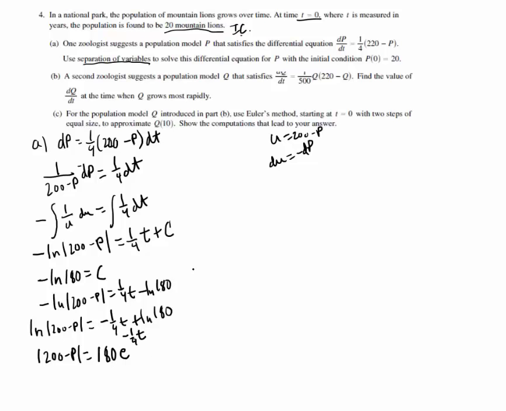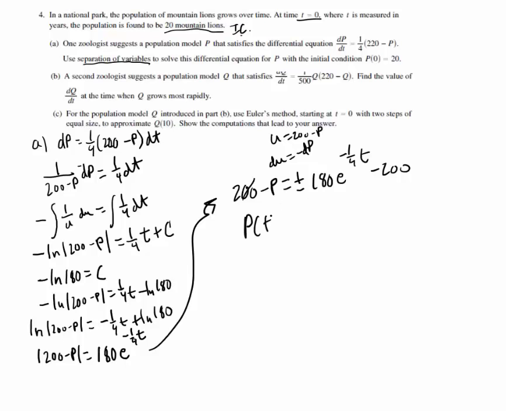And then let's go up here. When I drop the absolute values, that other side becomes plus or minus. So 200 minus p equals plus or minus 180 e to the negative 1/4 t power. And then you subtract 200 to get rid of that, and that gives you negative p. So I'm going to change the sign. So p as a function of time is going to be plus or minus 180 e to the negative 1/4 t plus 200.